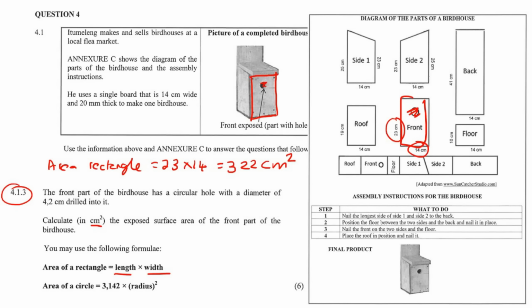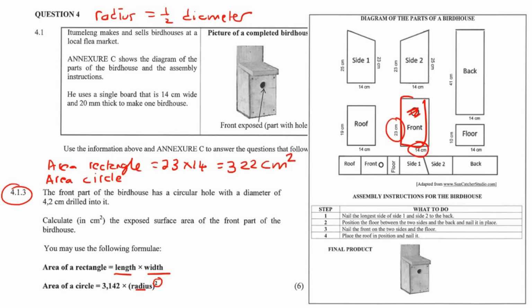Now we can work out the area of that circle. So we can use the formula 3.142 multiplied by the radius squared. But we don't have the radius, we have the diameter. So remember that a radius is half of a diameter.